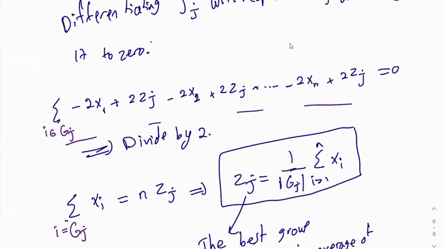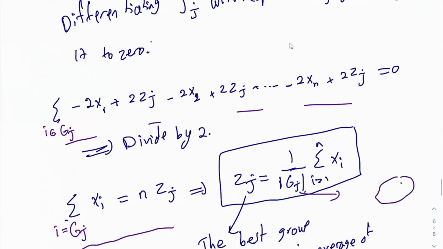If you simplify that further, the sum of x_i, where the indices i are in the group J, equals n z_j. Therefore, z_j is equal to the average of the points in the cluster J. This is the cardinality, the notation for the size of cluster J.